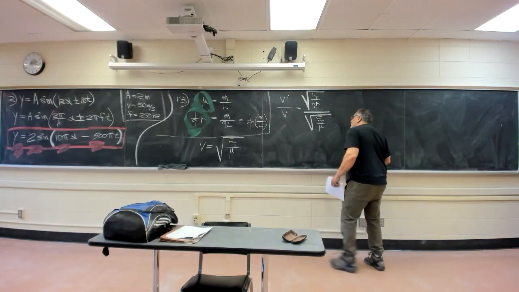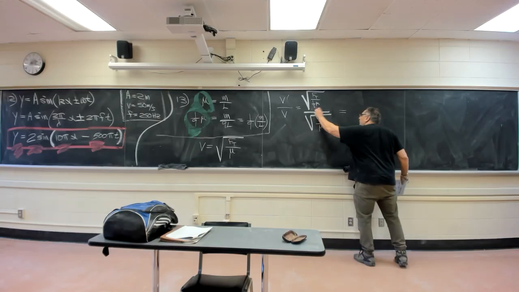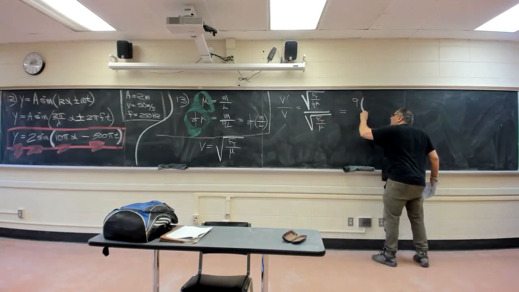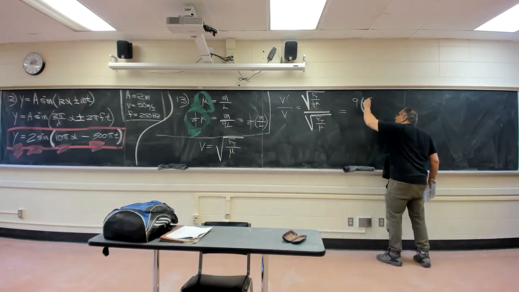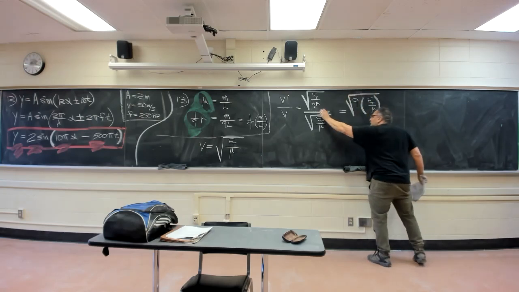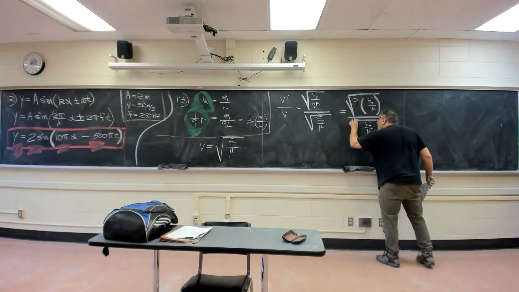What we have here is the 1/9 on the bottom is going to be 9 Ft over mu. That's what the 1/9 does. This is Ft over mu.